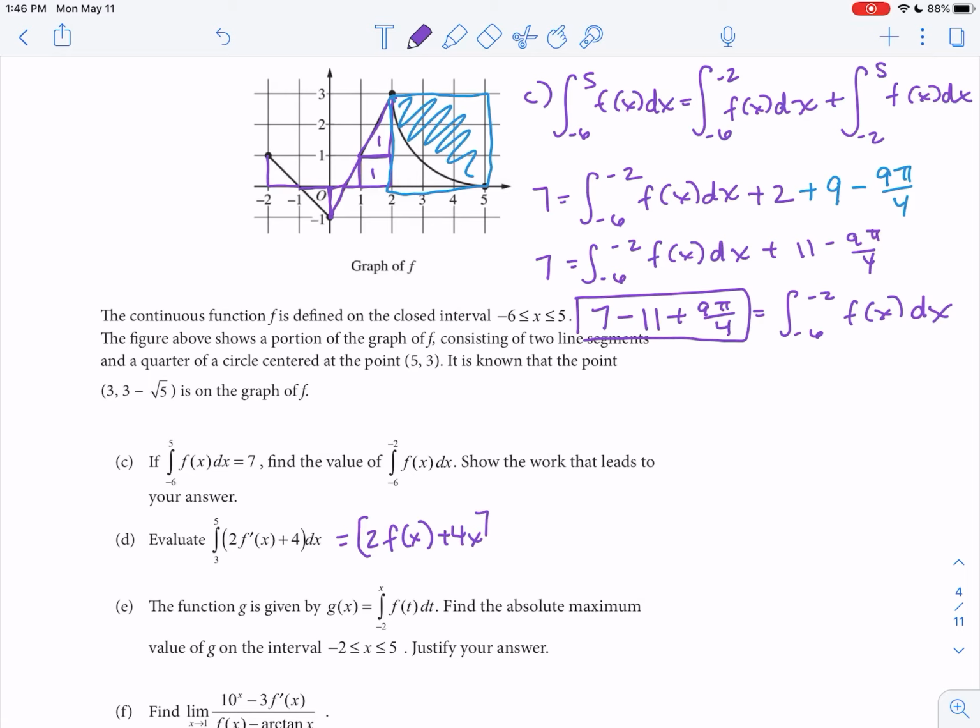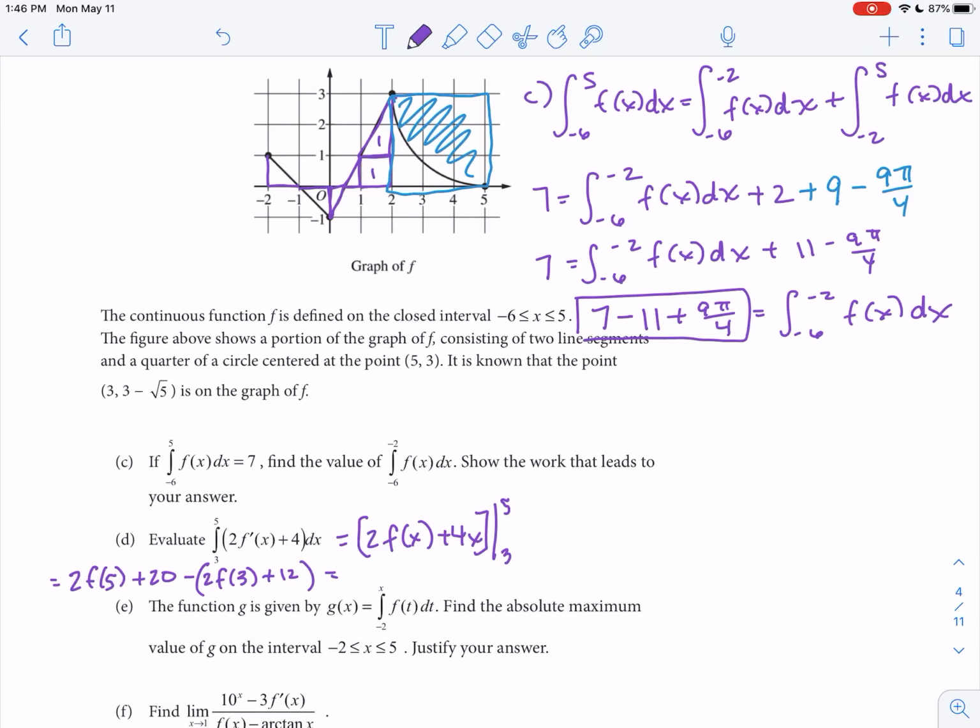You can also break this up if you prefer, either way. I'm going to evaluate that at x equals 5 and x equals 3. So this gets me 2 times f of 5 plus 4 times 5 is 20, minus 2 times f of 3 plus 4 times 3 is 12.